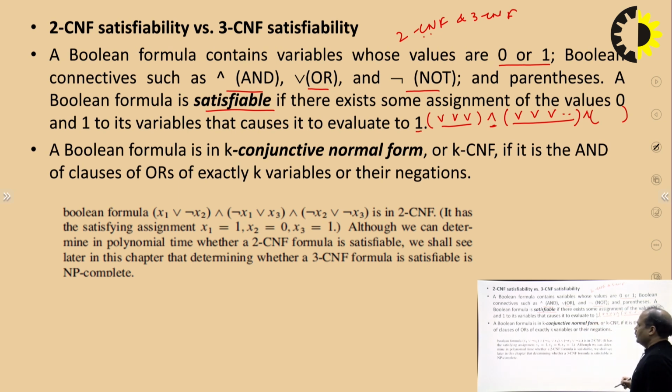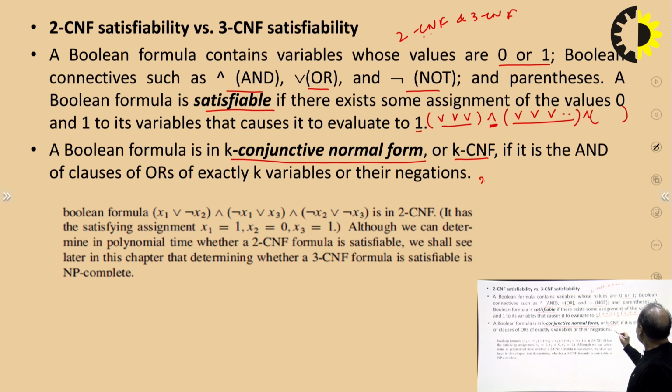Clear? So a Boolean formula is in k-CNF if it is the AND of clauses of ORs of exactly k variables.